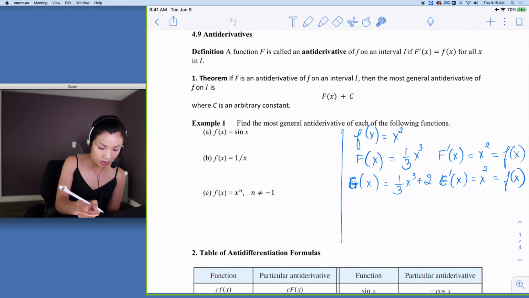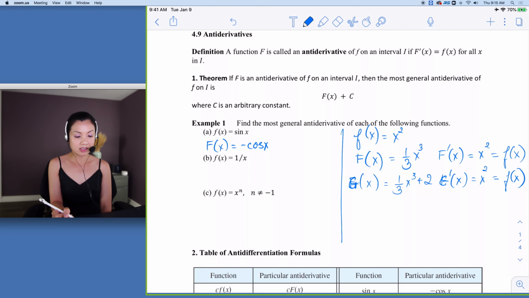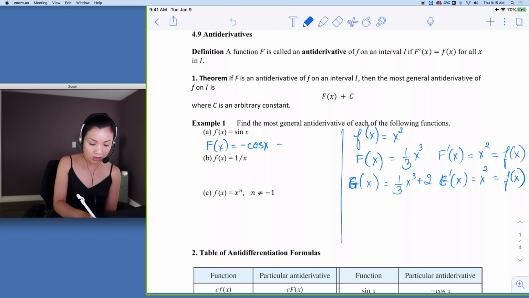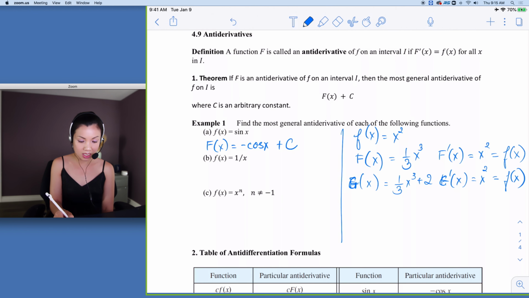So the antiderivative of this one is going to be negative cosine of x, because when you take the derivative of negative cosine of x, you end up with negative negative sine, which is positive sine. Don't forget, we have to add the c there because we're looking for the most general one.